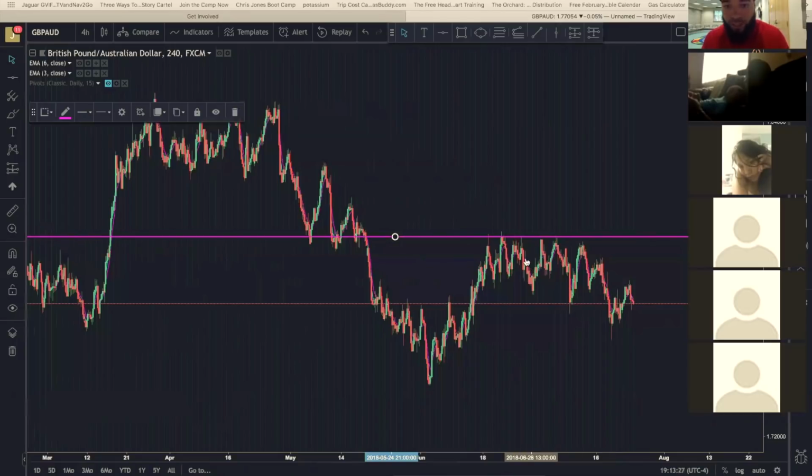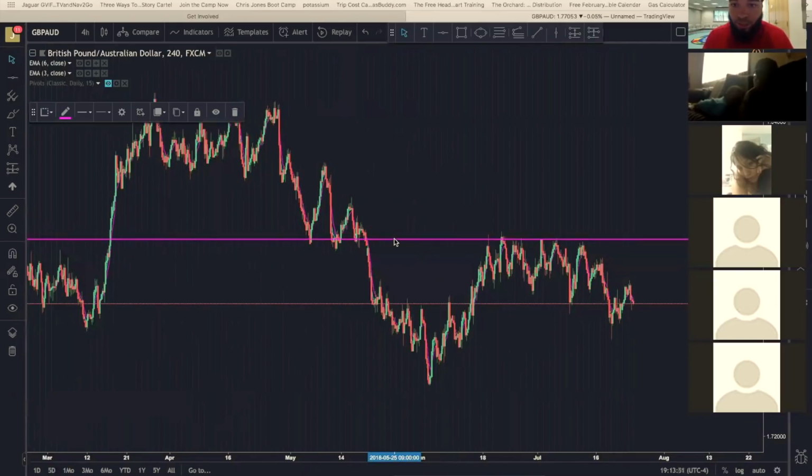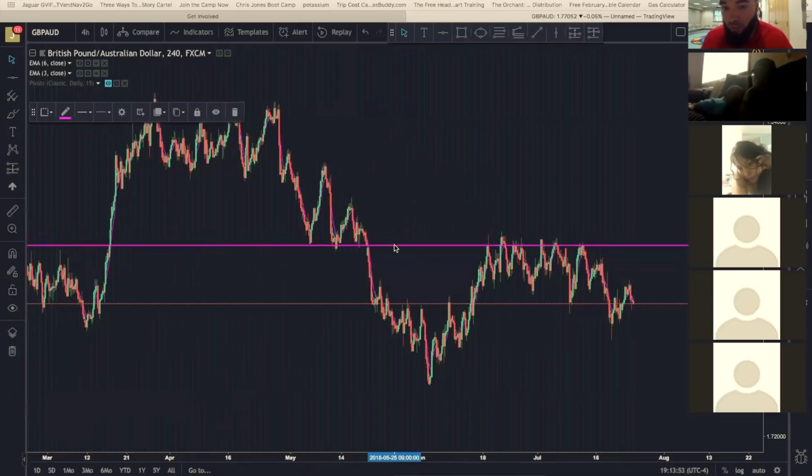If you go down to the 30-minute and you're in this buy coming up here, when you reach up to this level, the same line is going to appear on a 30-minute chart. So if you're coming in on this buy and you're almost to that line, that means that's your resistance. Then you should probably close the trade. You know what I'm saying? So what I'm trying to say is put your support and resistance levels on a higher time frame.